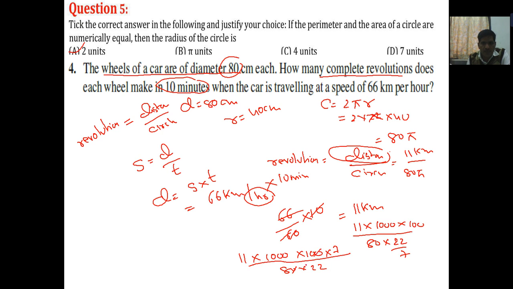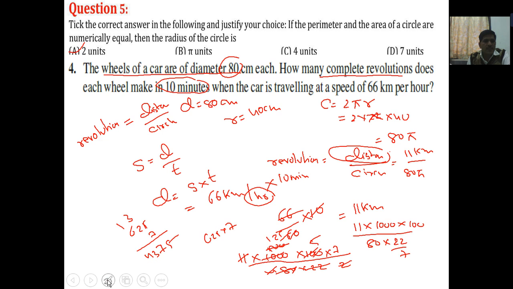You make cancellation like that. 625 into 7, you will get answer. 7 5s are 35, 7 2s are 14, 17, 1. So we can get answer 4375.